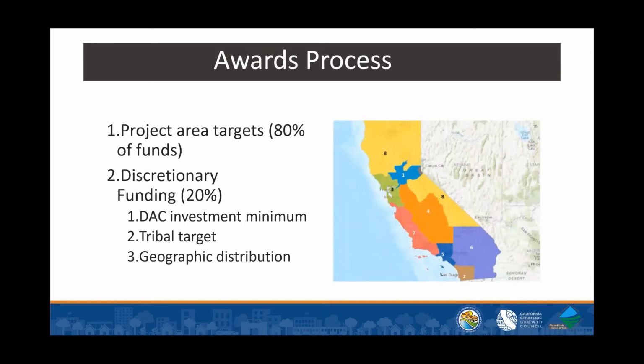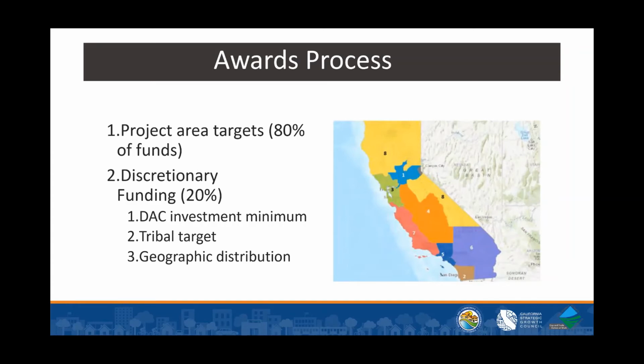First, AHSC is going to ensure that its statutory funding target is met, which is that at least 50% of funds are awarded to projects located within disadvantaged communities, which is determined by the location of the affordable housing development. Next, we will make sure that the tribal funding set-aside is met.